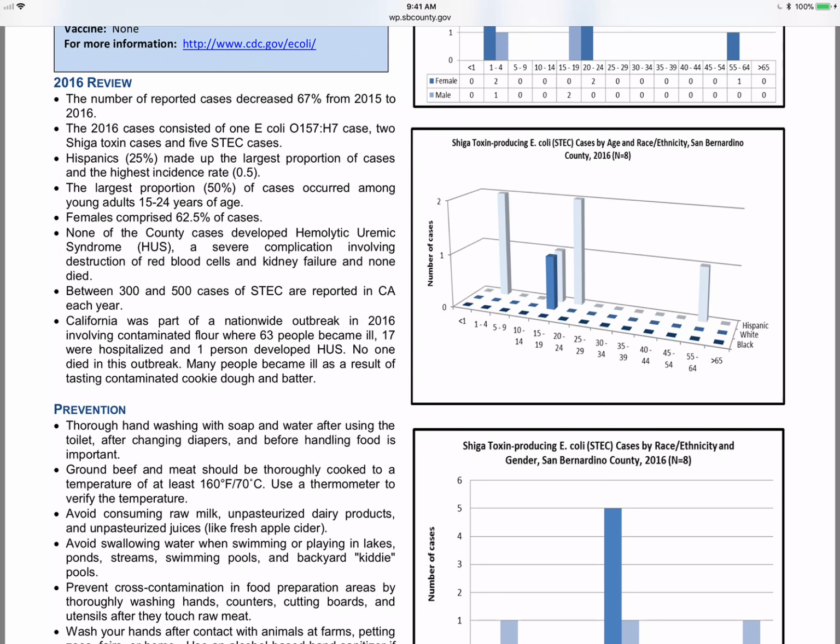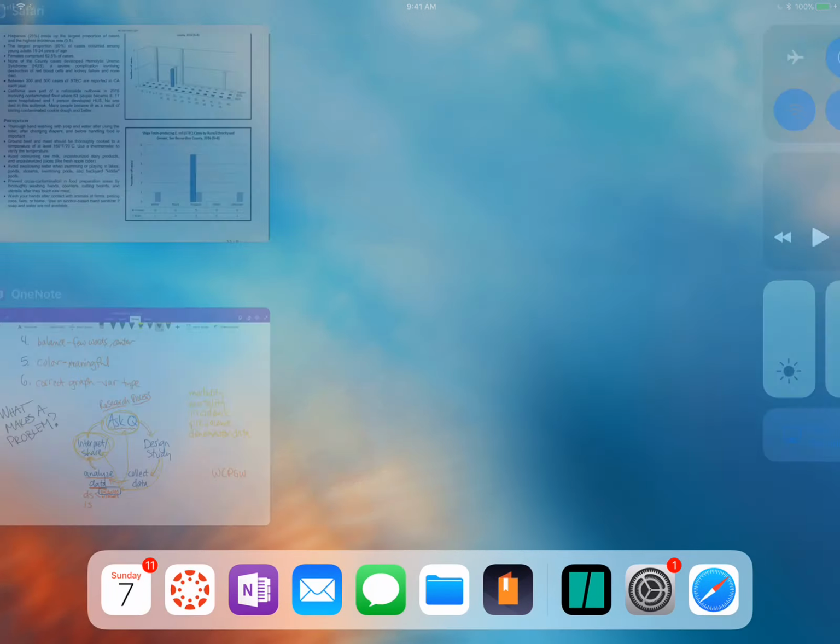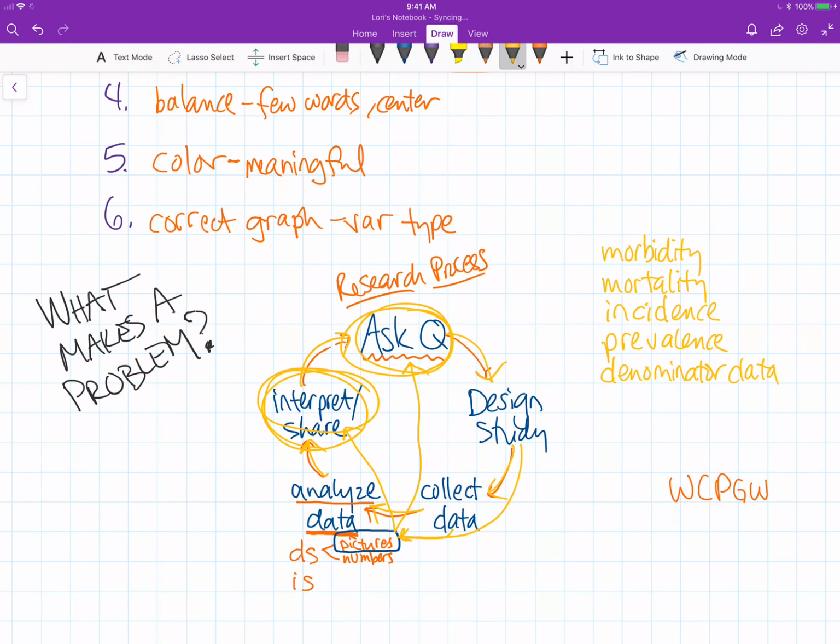Not only should the graph itself be cohesive, but it should connect with all of the rest of the things that we're doing in this overall research process.